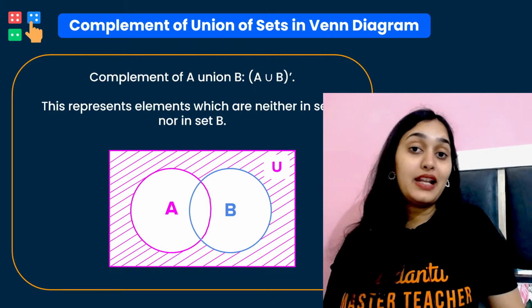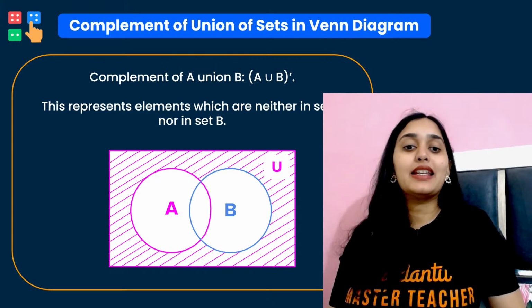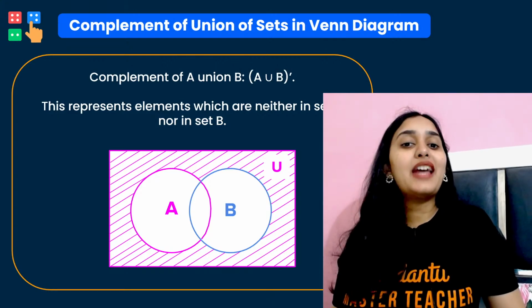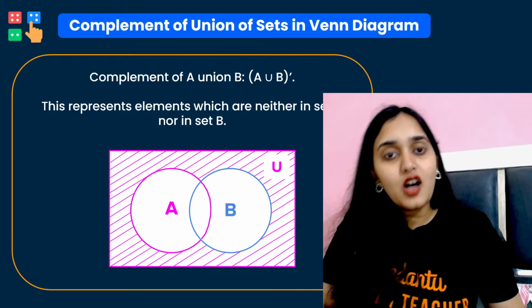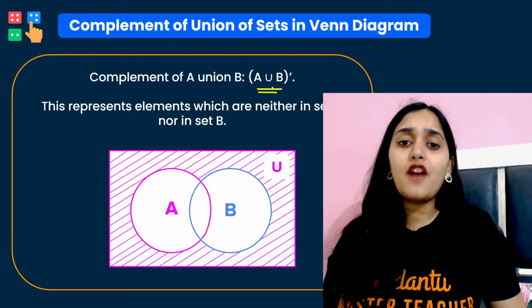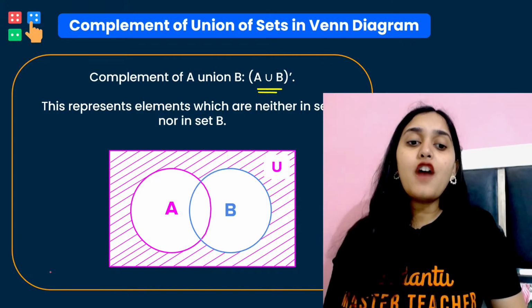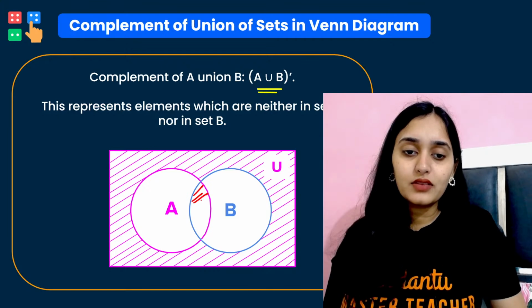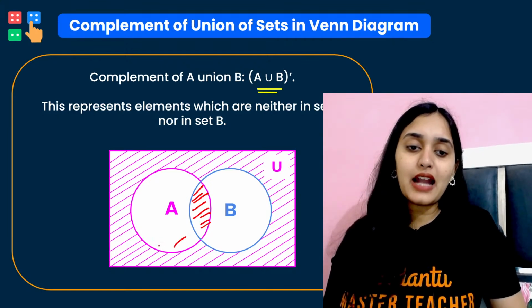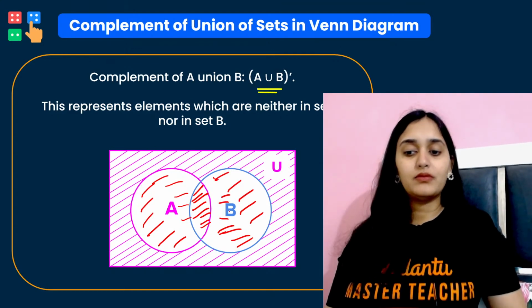Okay, now let's learn about union of sets and intersection of sets in a little detail with the help of Venn diagram also. Now, we all know what is union of two sets. So, union of two sets is basically everything that is there in either set A or set B. Fine.